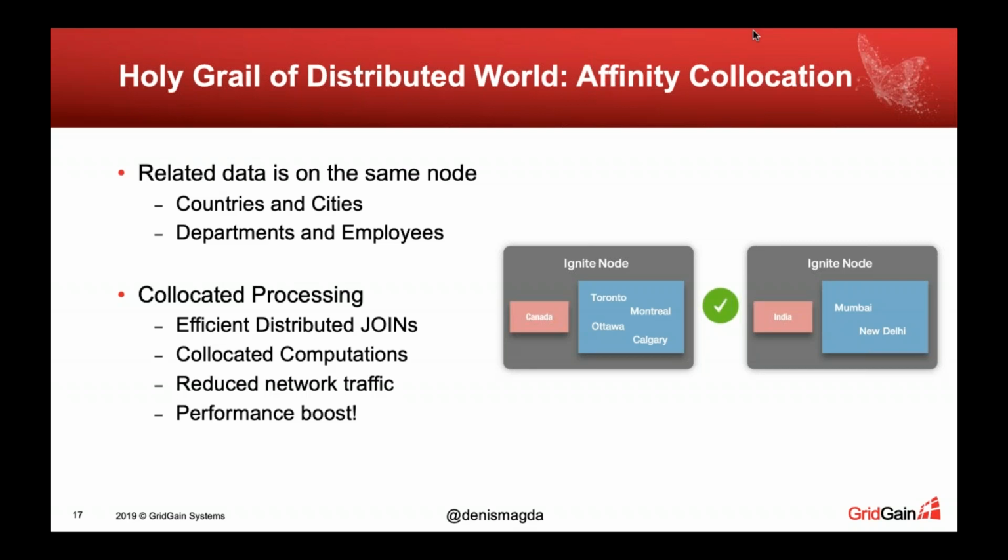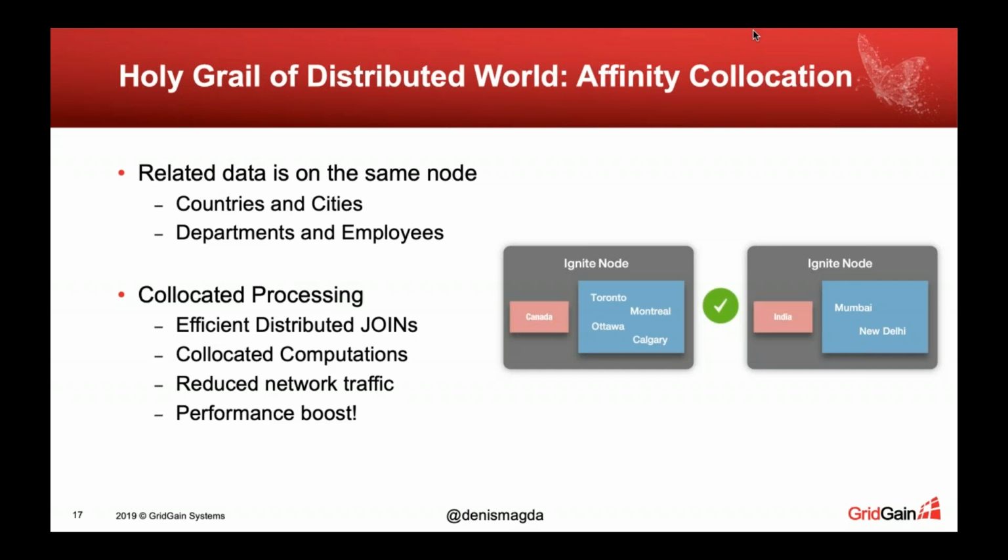And if you just imagine for a second, as long as all the cities that belong to a specific country, like Canada, have the same country ID, when you insert all those cities into the cluster, they will go to the same cluster node. And after that, you can run complex joins that join data in Canada, let's say all the Canadian cities, etc. And you can do this efficiently, avoiding any data shuffling between the cluster nodes.